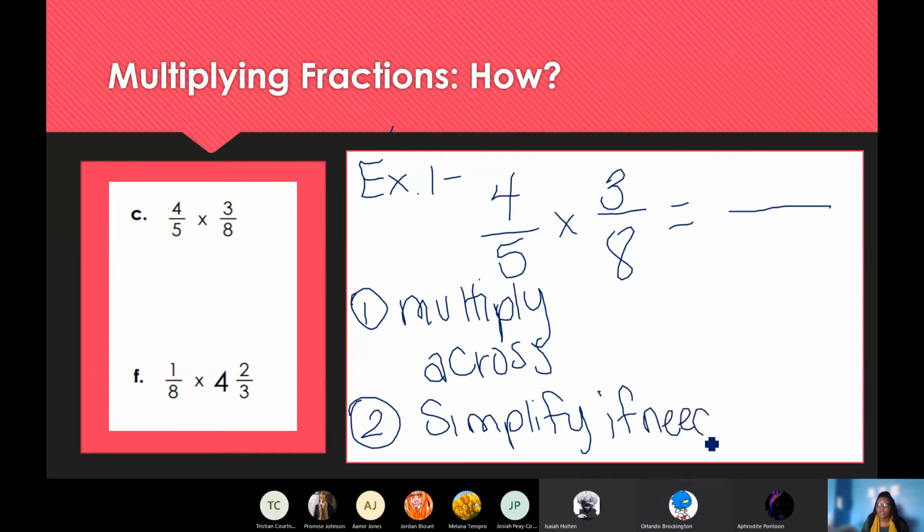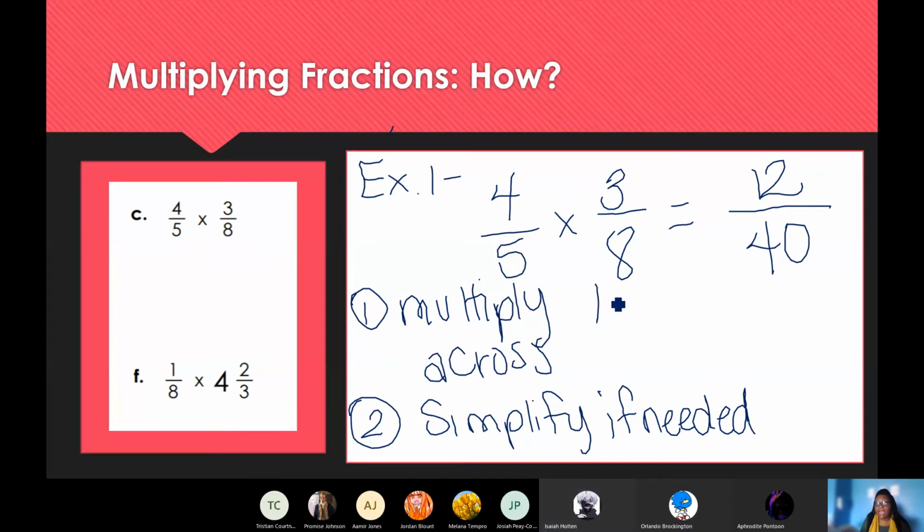So my new numerator here is 12. And what is 5 times 8? 40. Now, step 1 is done. Am I done with this multiplied fraction? No, ma'am. Nope, I have to simplify.